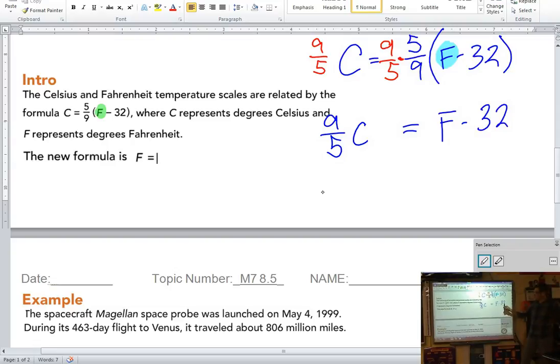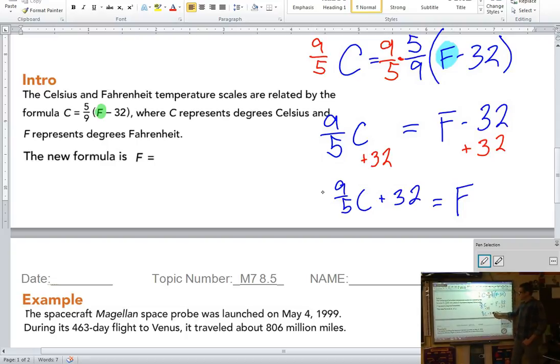We've got to add 32 to undo the subtraction. We add 32 to both sides, and that gives me just F on my right-hand side equals 9/5 C plus 32. So right here, our new formula is 9/5 times the Celsius temperature, then plus 32.